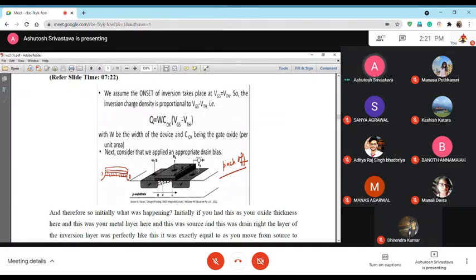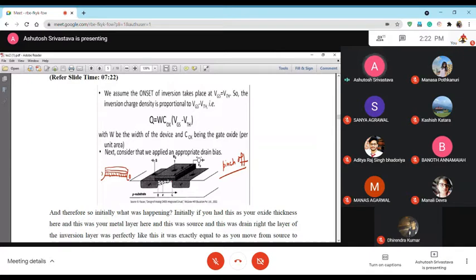If you talk of the MOSFET configuration, as you keep on increasing the drain voltage, this sheet of inversion layer that forms closer to the drain part starts to pinch off. It squeezes down at the drain region, and as you keep on increasing, this will keep moving towards the source region.